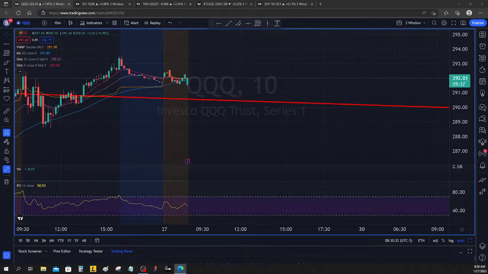Let's see if I can find the PCE report in another window to see what has come out, if anything. We're looking for December's PCE report.